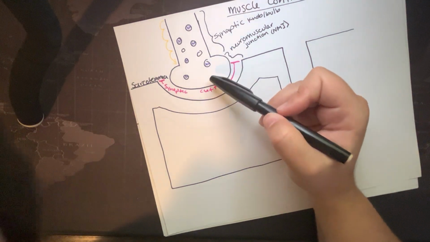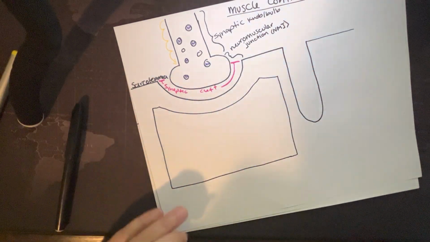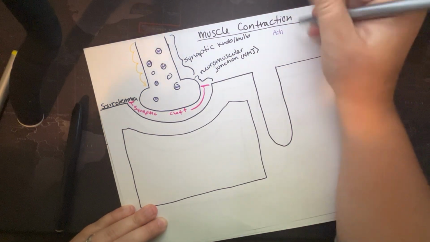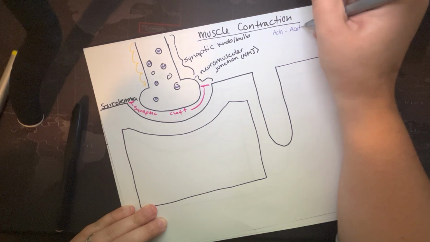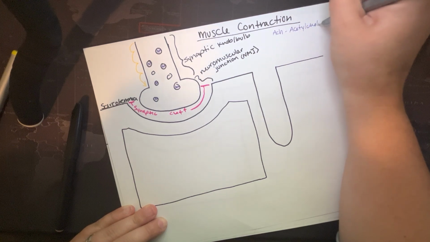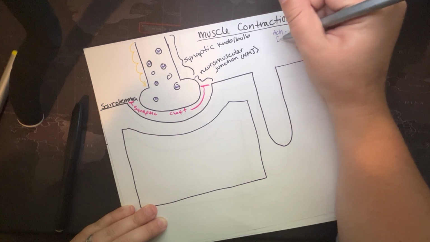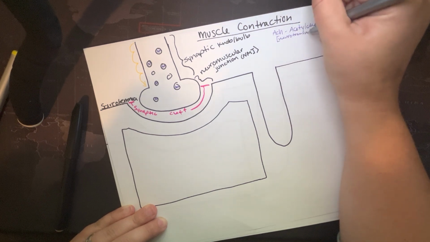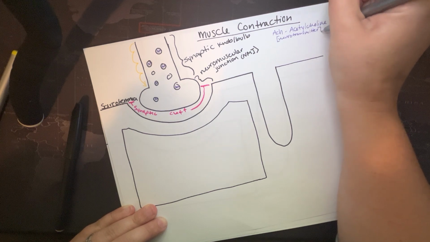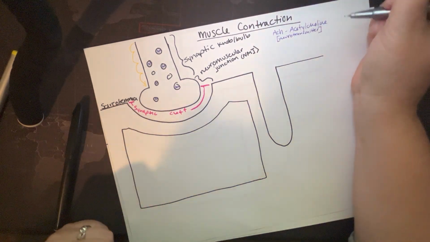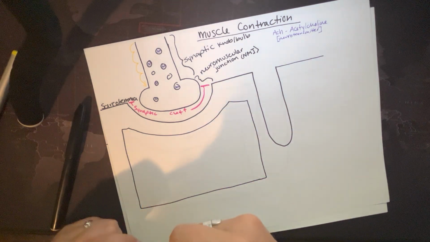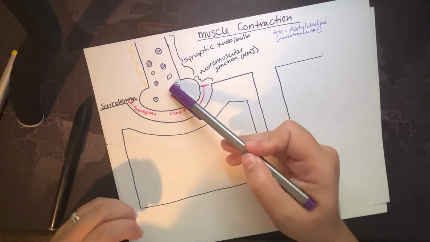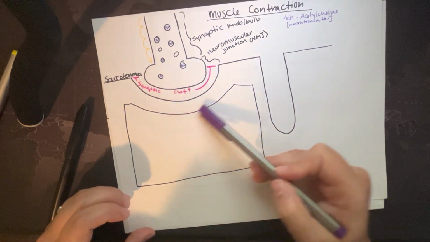For our nervous tissue specifically, this neurotransmitter is going to be called acetylcholine, ACH. And this neurotransmitter is what is going to be used for every muscle contraction, especially for skeletal muscle. ACH, acetylcholine, is what's going to be sent from the neuron to the muscle in order to allow a contraction to occur.